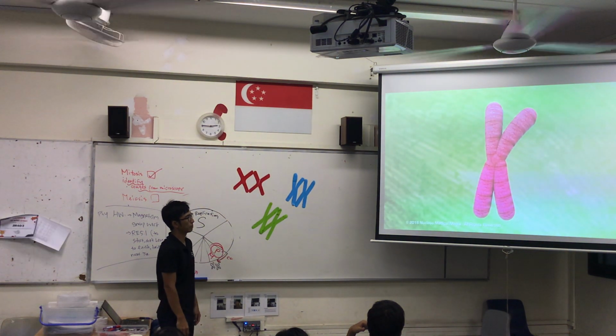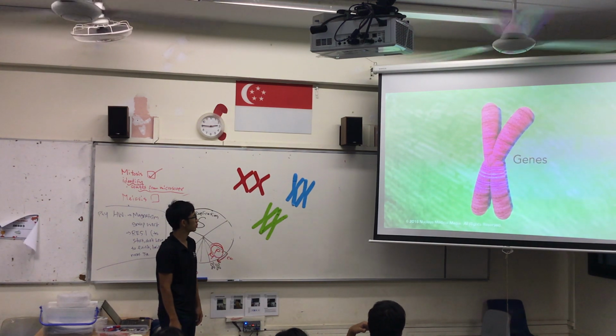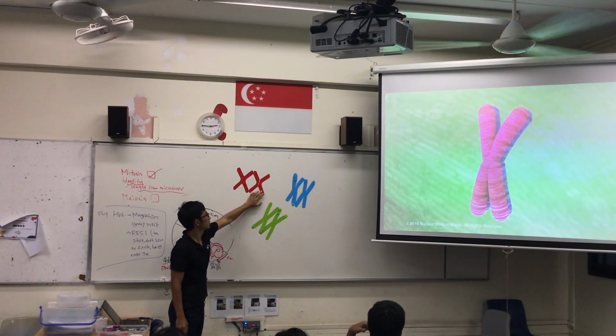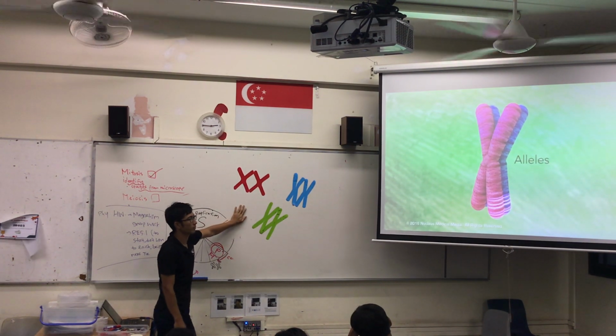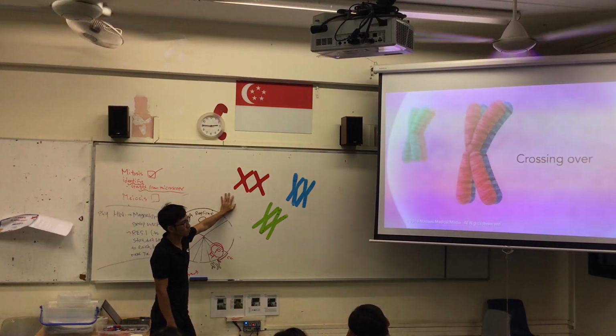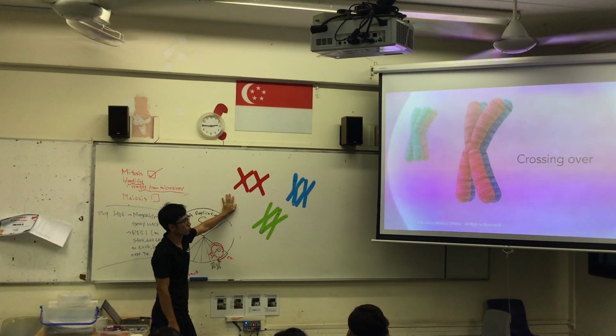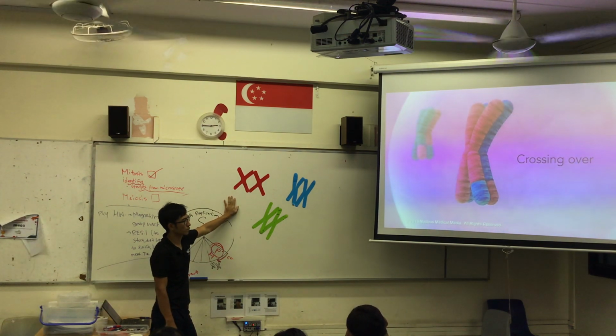The chromosomes contain genetic information called genes. These genes were inherited from each parent. And different versions of the same gene on each chromosome are called alleles. In a process called crossing over, chromatids from each homologous chromosome exchange segments of alleles.